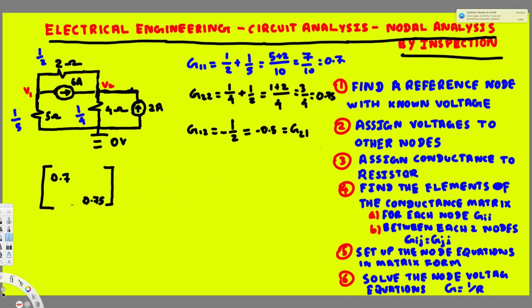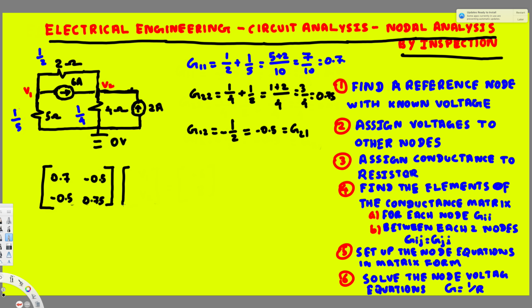And after that, G12 and G21 are going to be on the other side, like negative 0.5, negative 0.5. That's why we put it this way. G11 represents first row, first column. This G22, second row, second column. G12 first row, second column, G21 second row, first column. If you study linear algebra, you know what I'm talking about, right? And this is what we get.